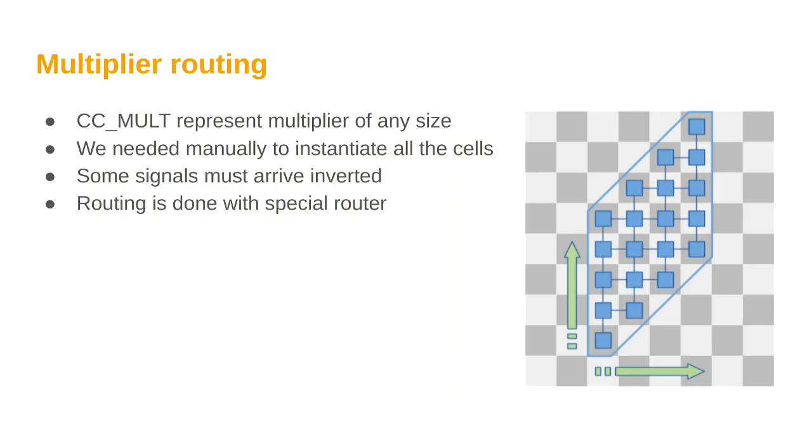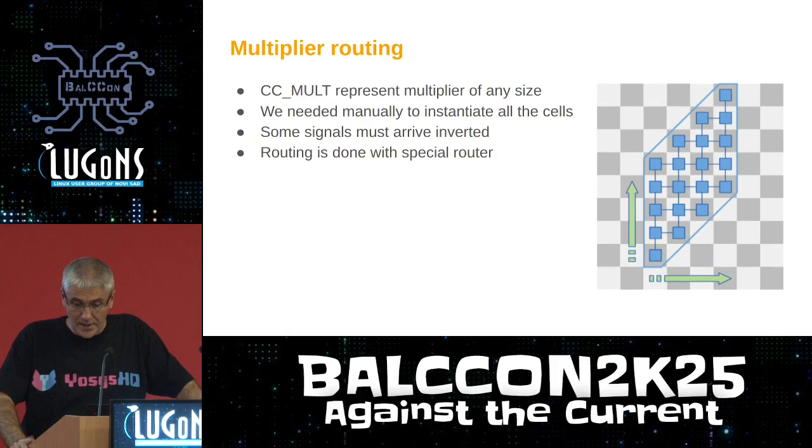And for the multipliers, we have one cell, but the good thing is that we developed a separate placer.